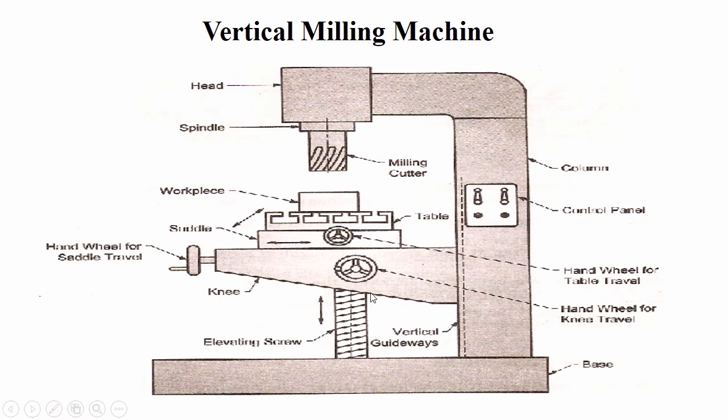Again the knee arrangement is the same here. So this is the knee. If you rotate this wheel, it starts moving up. If you rotate this wheel, the saddle moves transversely, meaning horizontally.